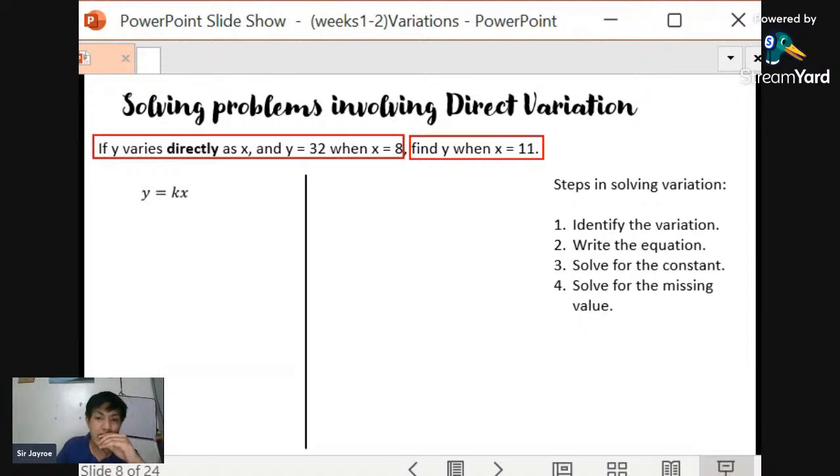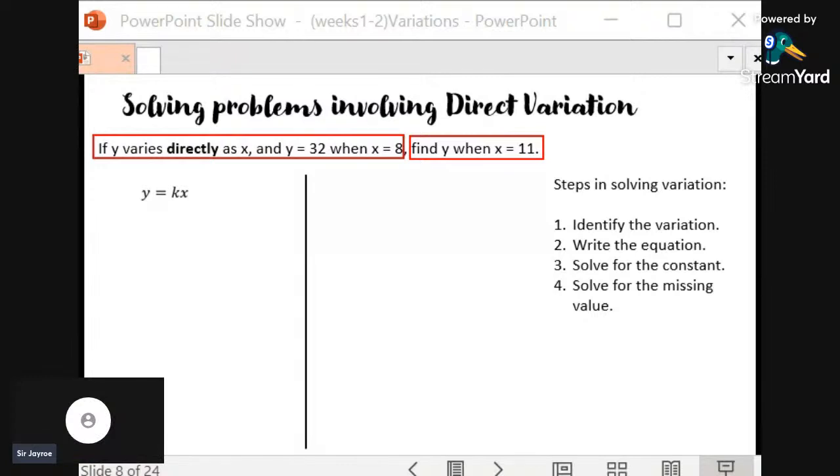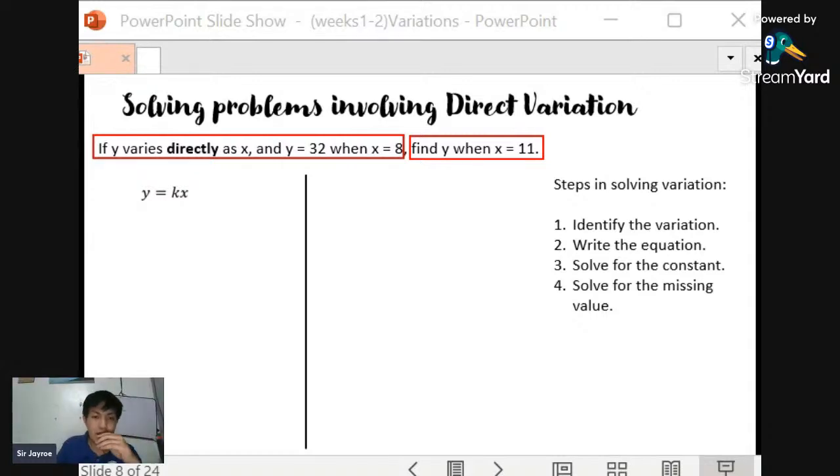Is it 8 or 11? Which will we use? Okay, good. So the answer is 8.